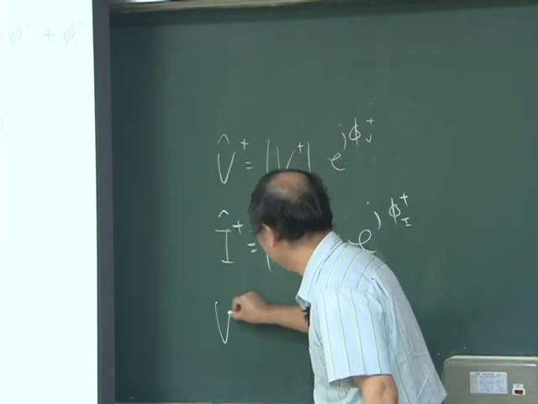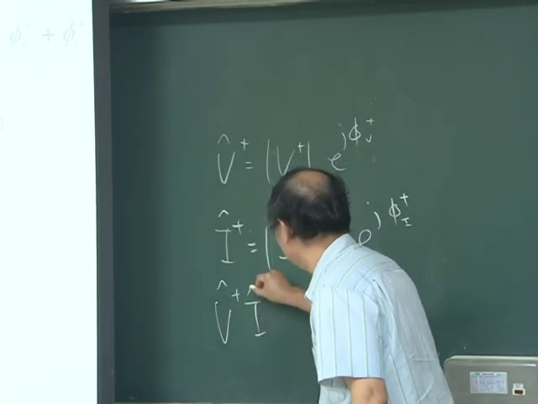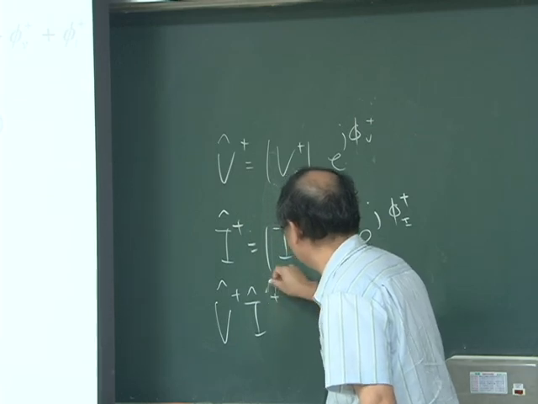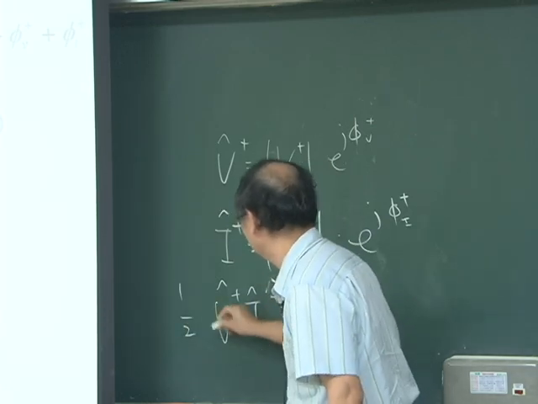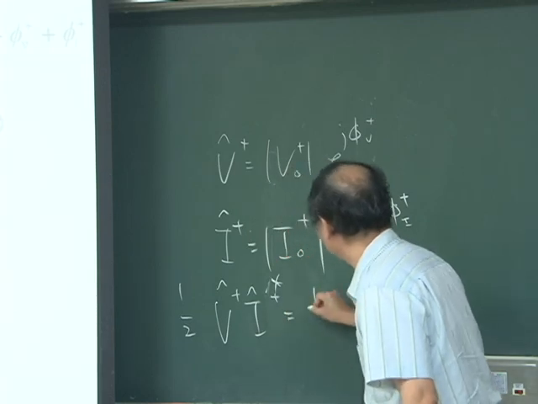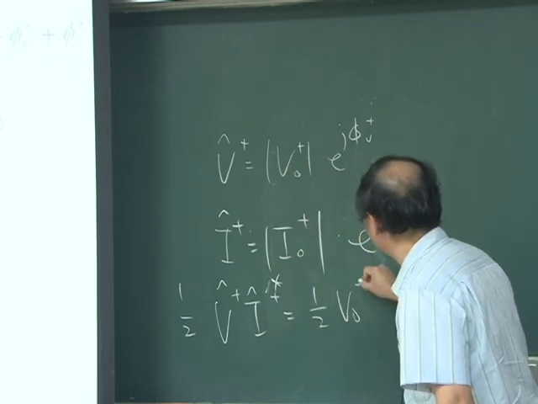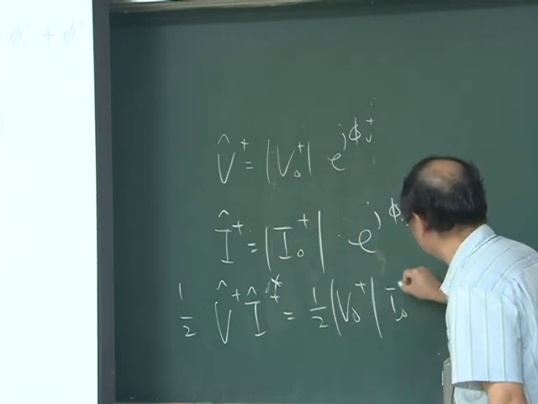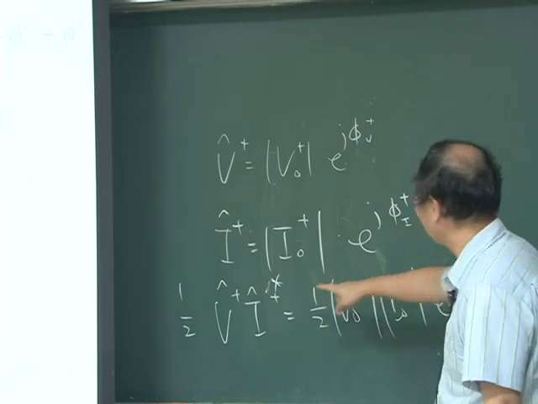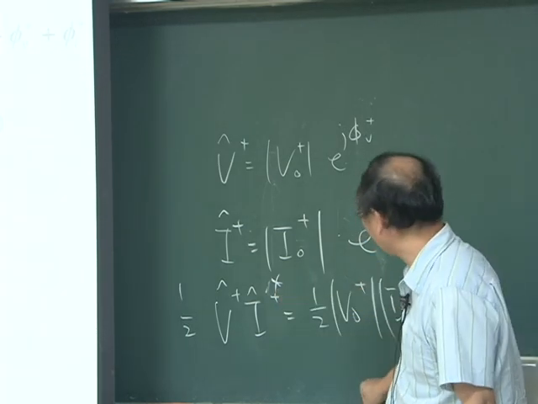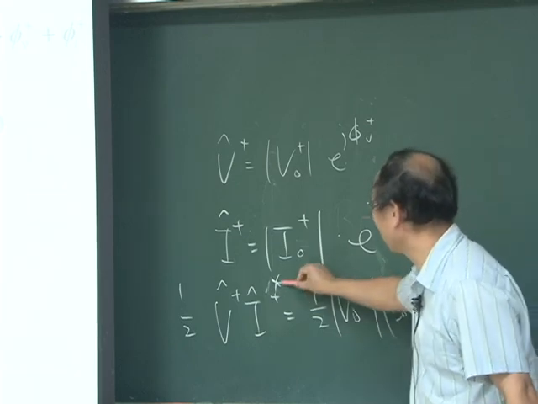The V plus I plus conjugate 1/2 is going to be equal to 1/2 V naught plus I naught plus exponential. Because of this conjugate, I will add a minus sign here because of this conjugation.